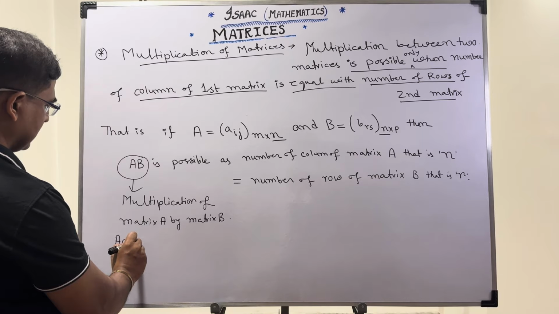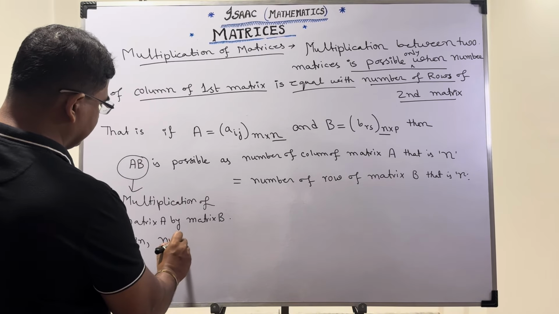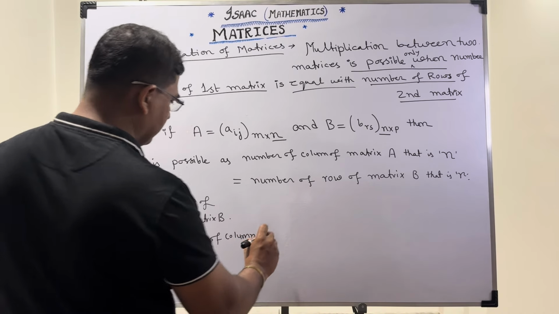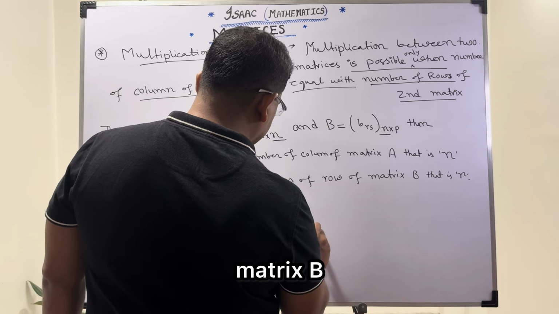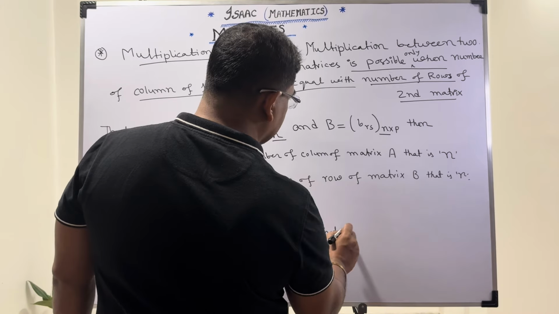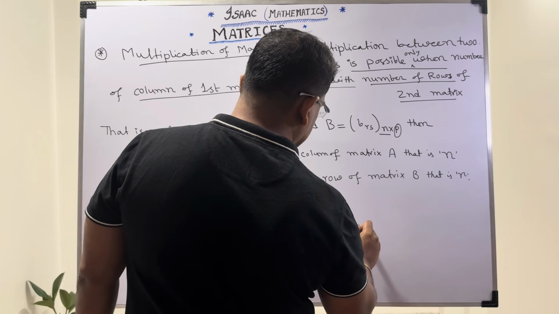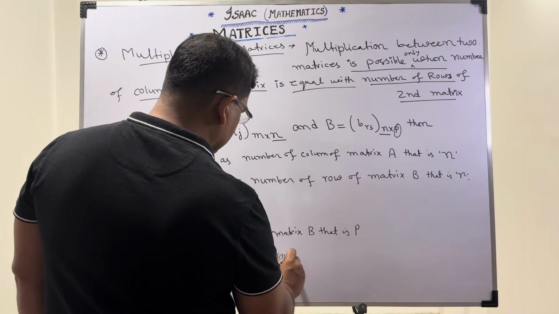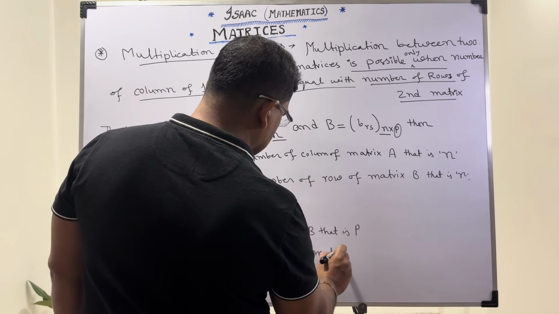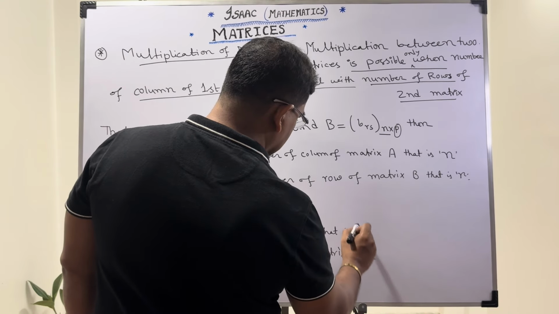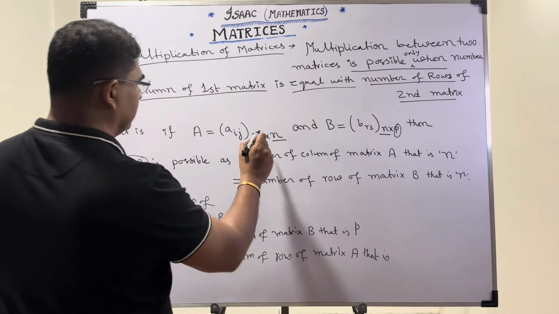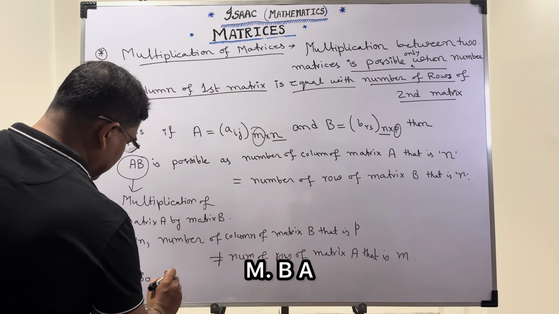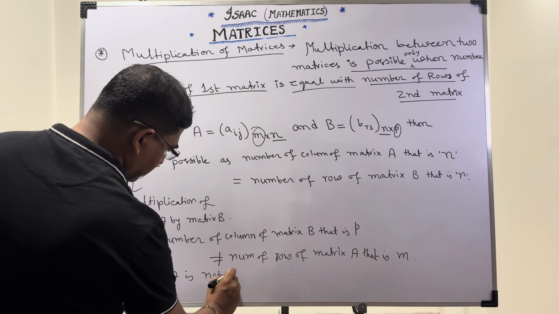Again, the number of columns of matrix B, that is p, is not equal to the number of rows of matrix A, that is m. So BA is not possible.